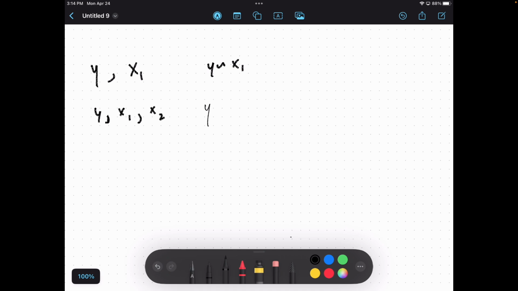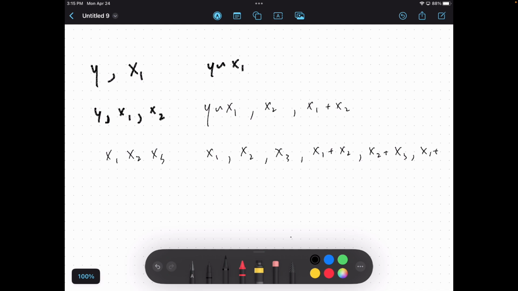So this is y on x1, x2, and x1 plus x2. And we can continue on with x1, x2, x3. So you have x1, x2, x3, x1 plus x2, x2 plus x3, x1 plus x3, and x1 plus x2 plus x3. So that's 1, 3, 7.